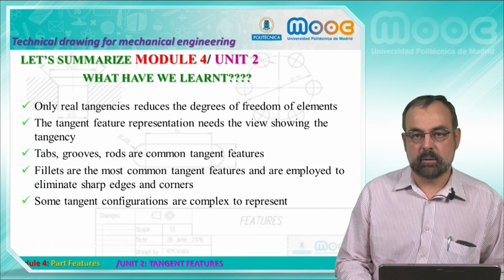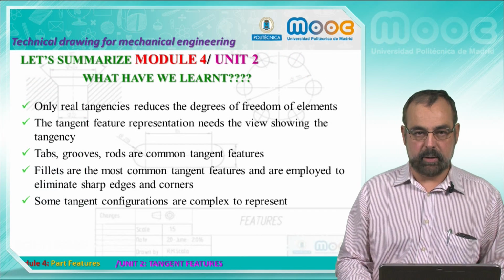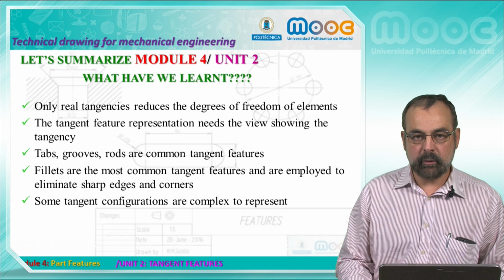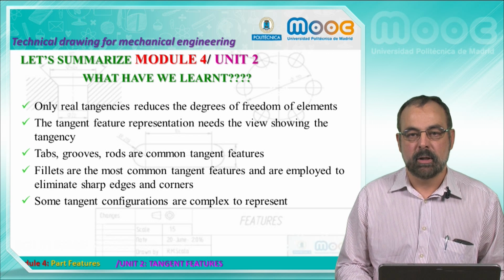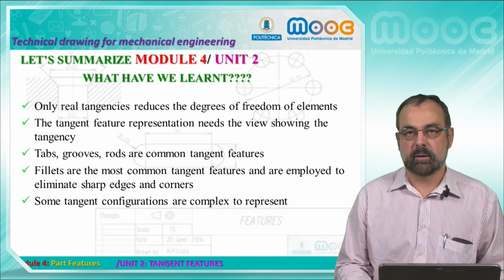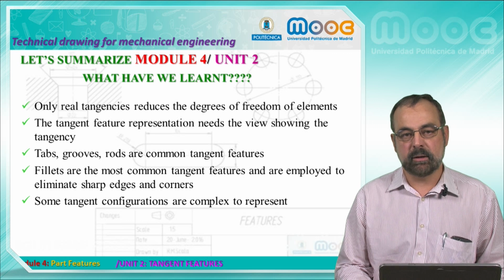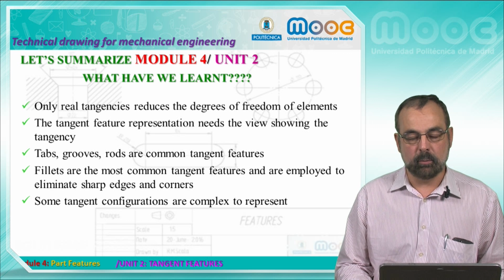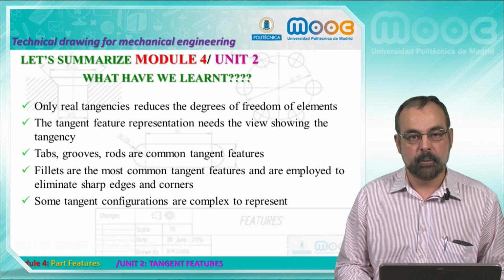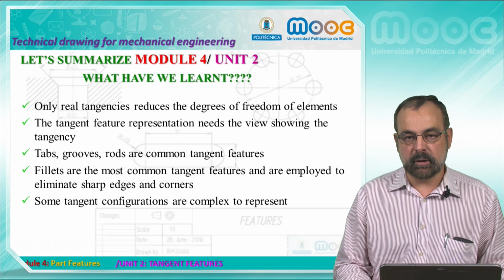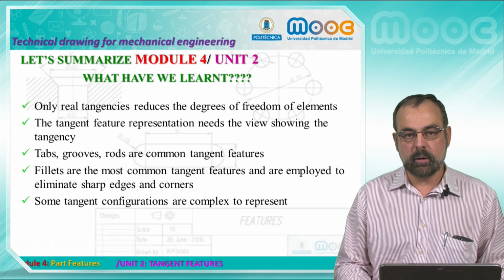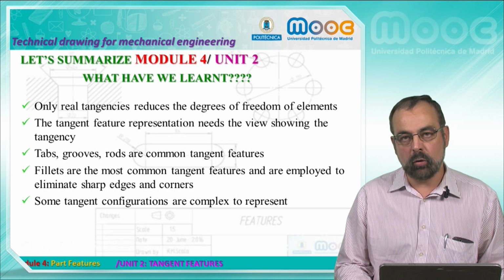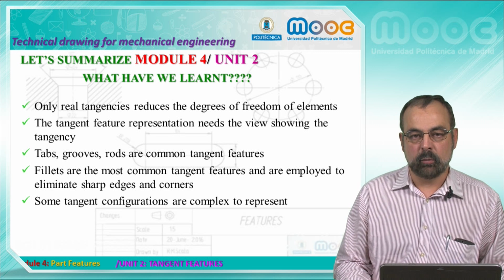Let's summarize Module 4, Unit 2. What have we learned? Well, only real tangency reduces the degrees of freedom of elements. Apparent tangency needs to be completely dimensioned. The tangent feature representation needs the view showing the tangency in all the cases we have seen.